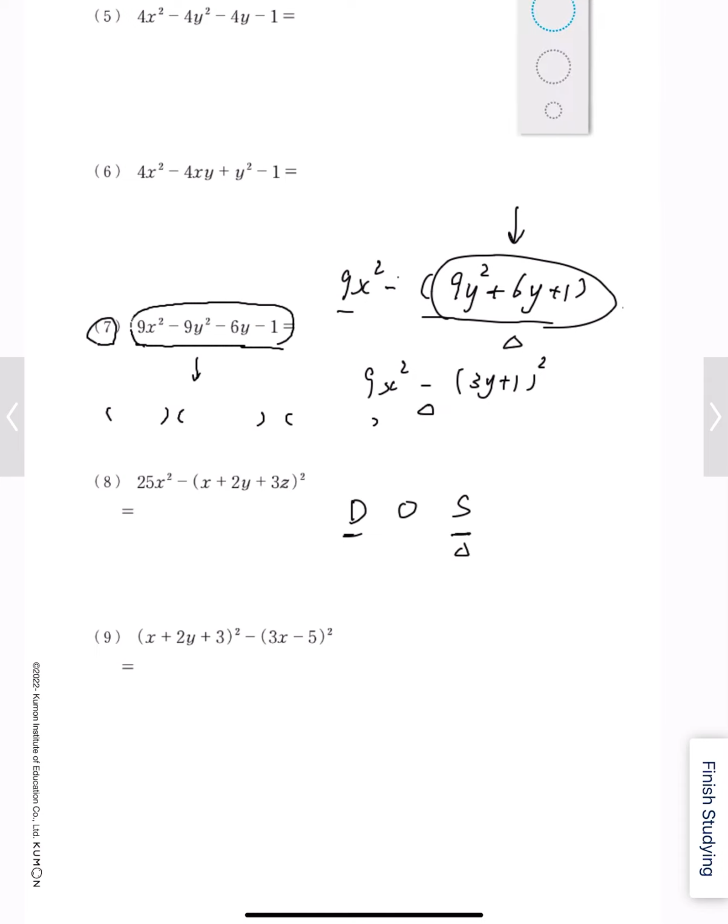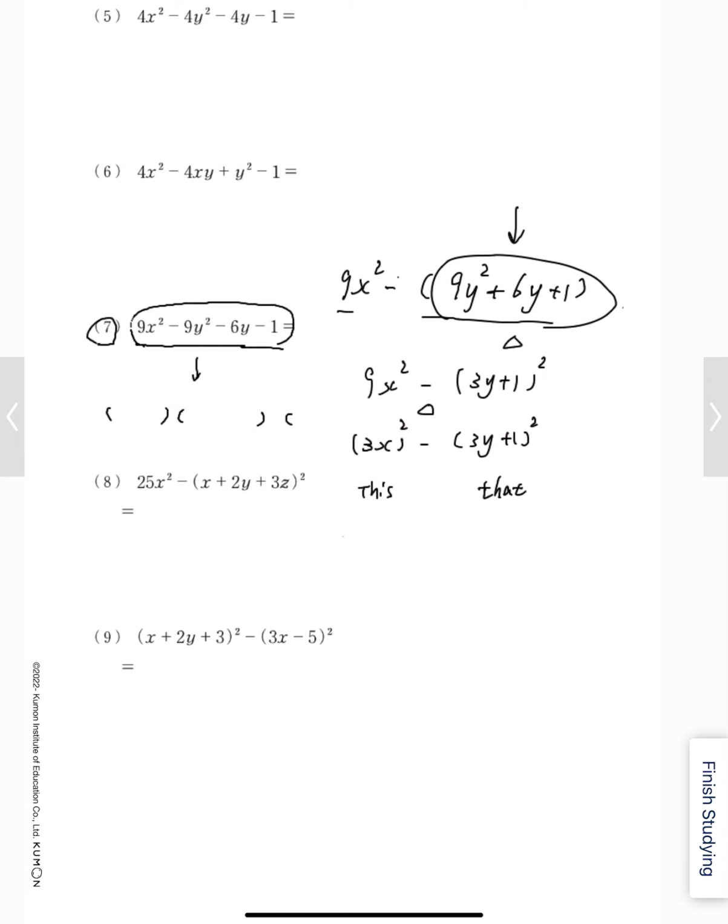So 9x squared is basically 3x to the power of 2 minus 3y plus 1 to the power of 2. So I got my difference of square, right? I got my this number and I got my that number.